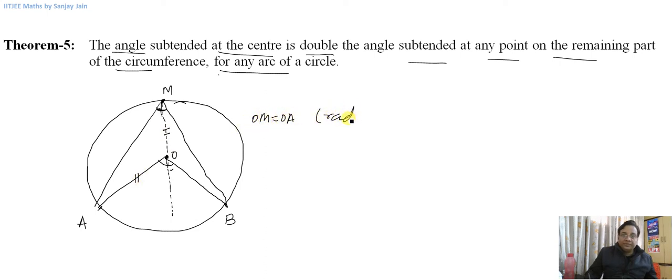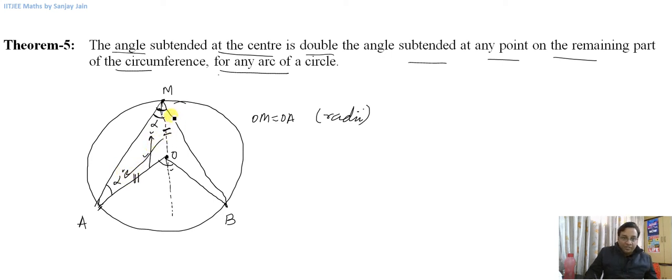Because these are radii of the same circle. So if this angle is, let us say, alpha, then this will be equal to this angle, right? Base angles of an isosceles triangle. This triangle is an isosceles triangle with these sides being equal. So the angles opposite to these equal sides will be equal. So if it is alpha, then this will also be alpha.